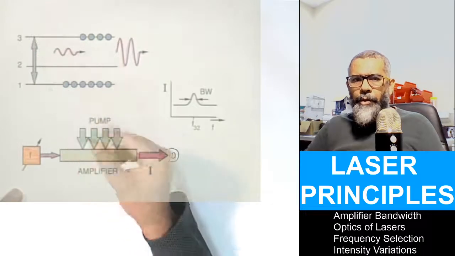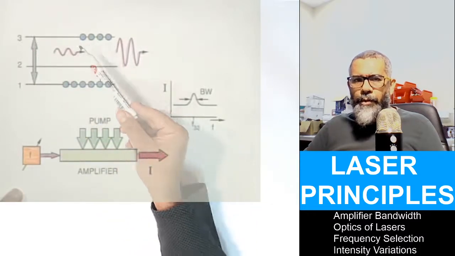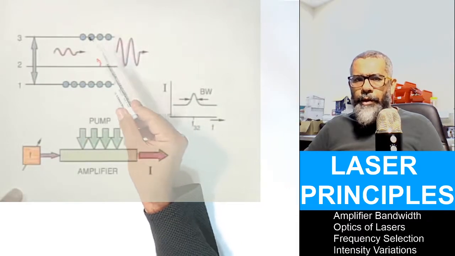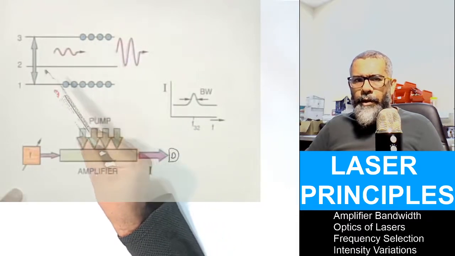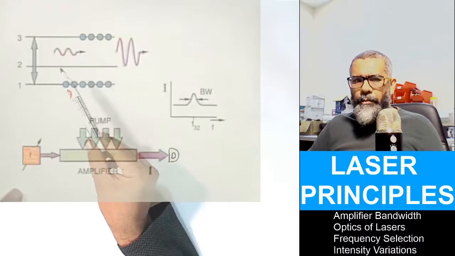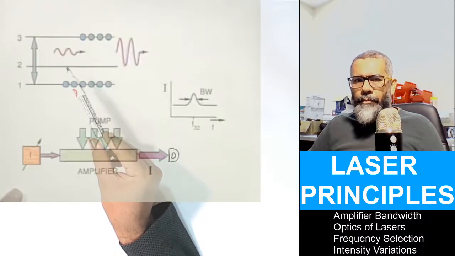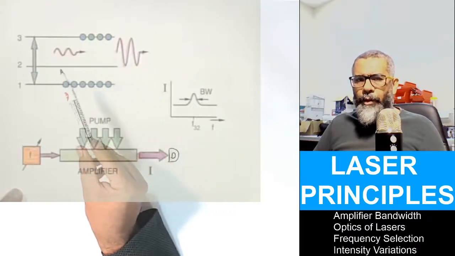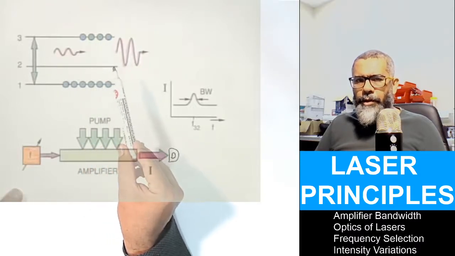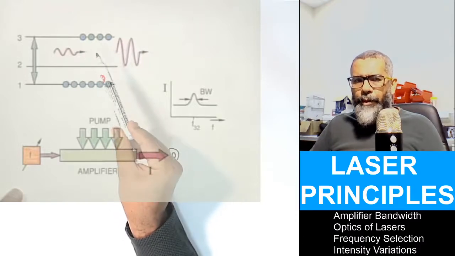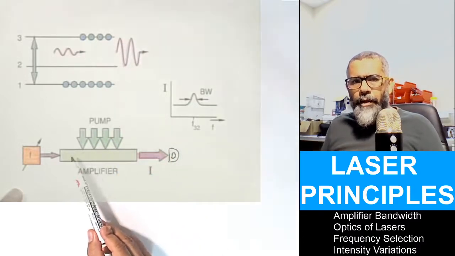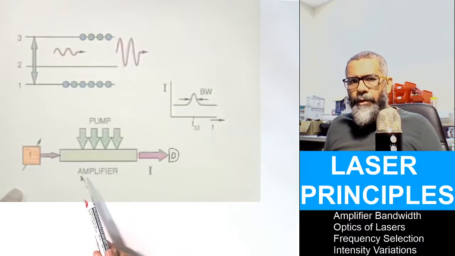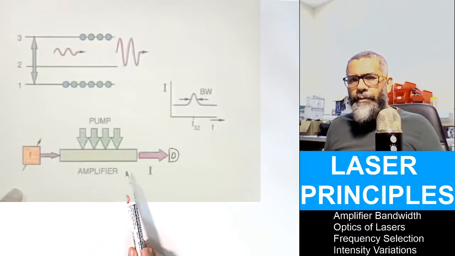Okay, that means you always have a population inversion, because you will always have some number of atoms at the third energy level, and in most cases there are no atoms in the second energy level. In that case you will have a population inversion. Okay, in this case this medium of atoms will just work as an amplifier.